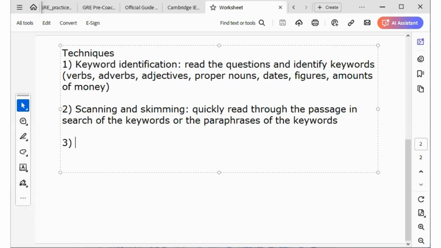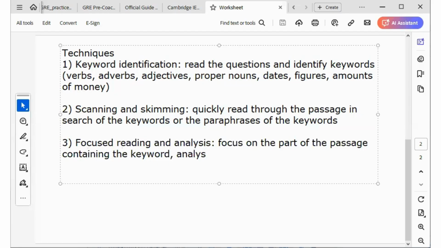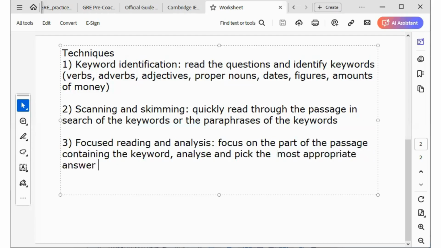Number 3 is focused reading and analysis. In other words, focus on the part of the passage containing the keyword, analyze and pick the most appropriate answer. That's technique number 3.